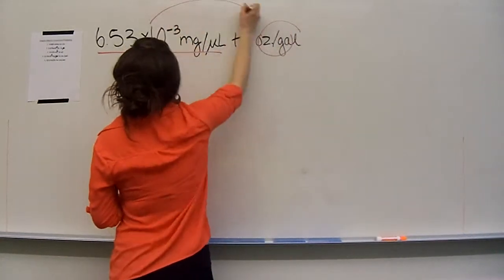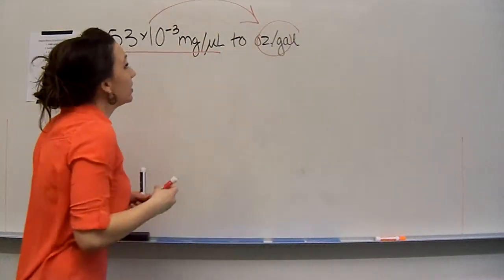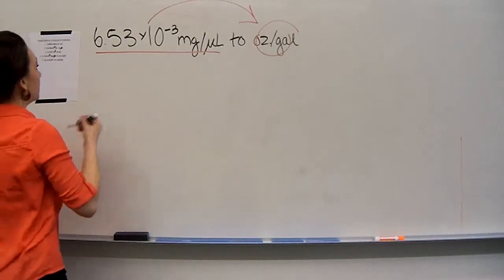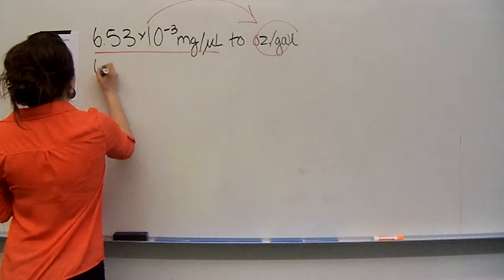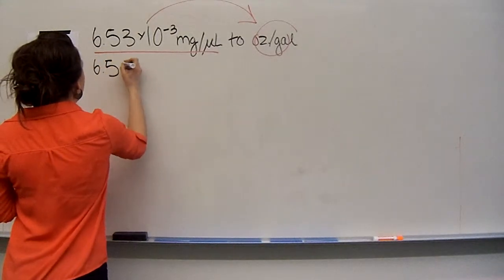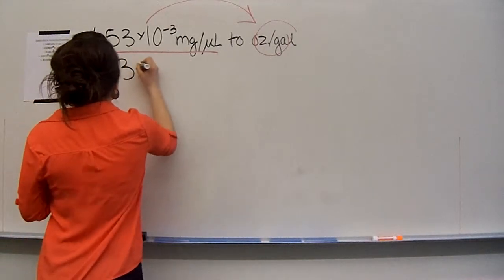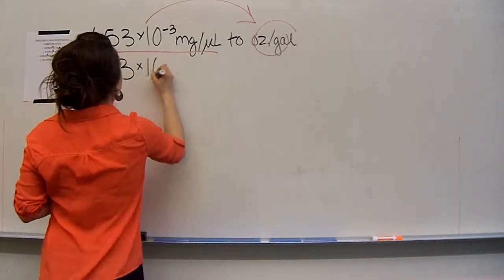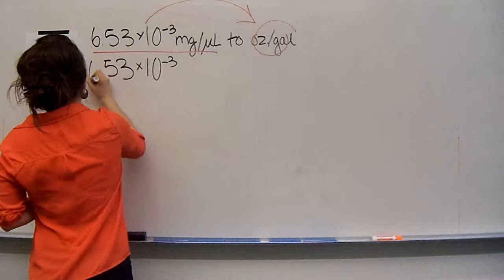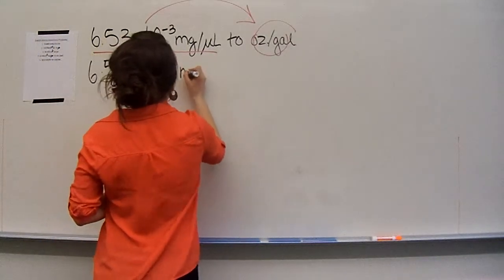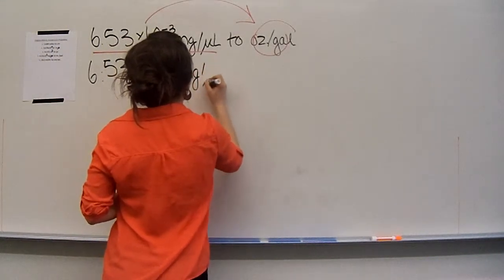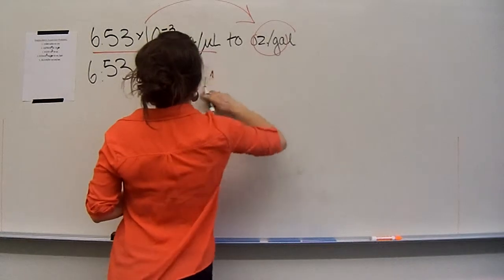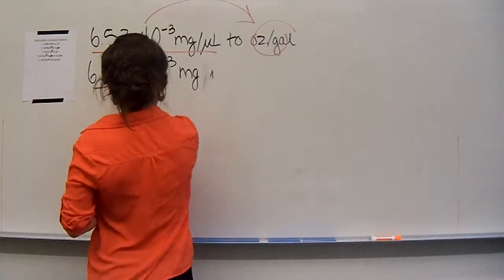So that is the direction in which we will be going while solving this problem. We will write what we are given, 6.53 times 10 to the negative third milligrams per microliter, or milligrams over 1.